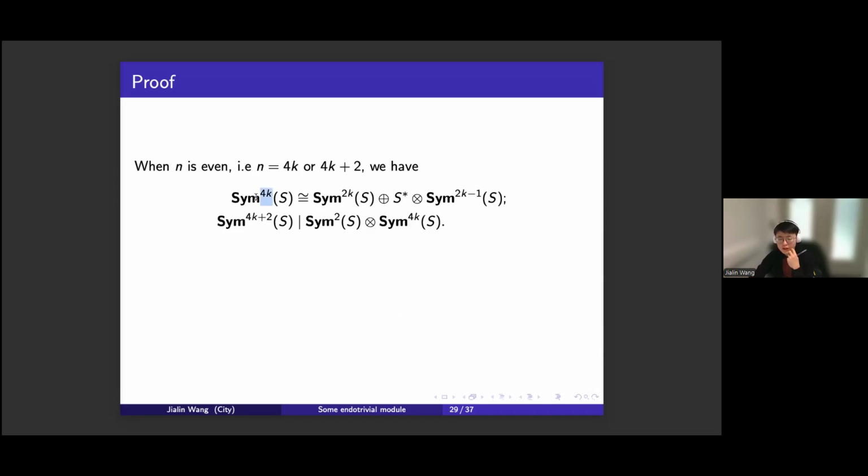When n is even, when n is 4k, the 4k-th symmetric power of S is just the 2k-th symmetric power plus the dual of S times the (2k minus 1)-th symmetric power of S. And the (4k plus 2)-th symmetric power will be the direct summand of the tensor product of these two. And the odd case is even more straightforward: it will just be the (n minus 1)-th symmetric power times S.